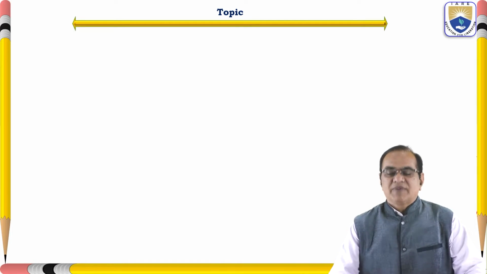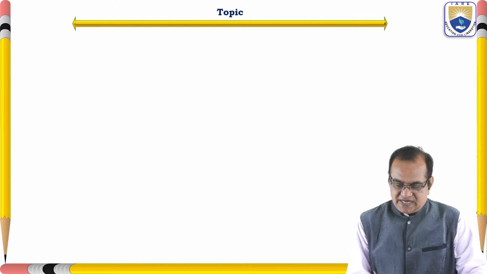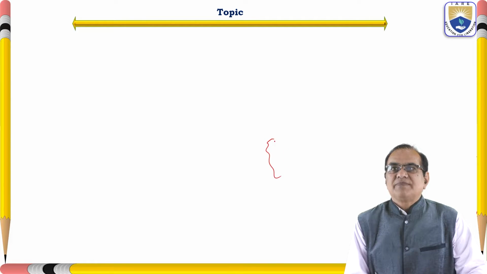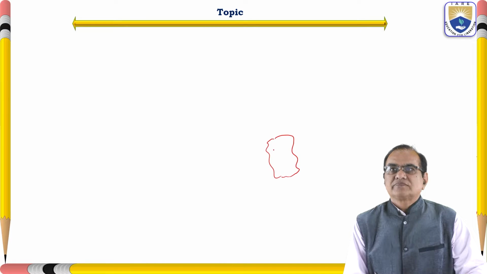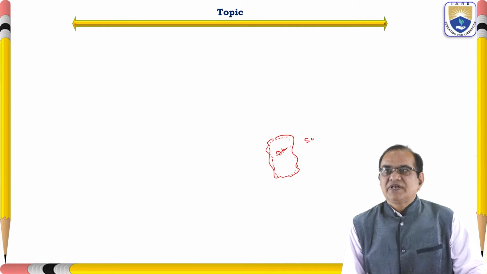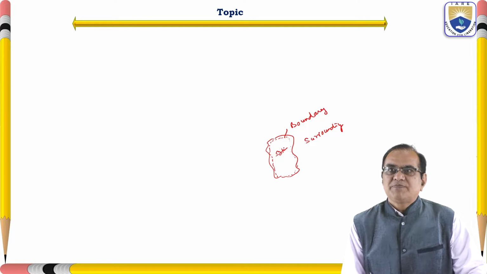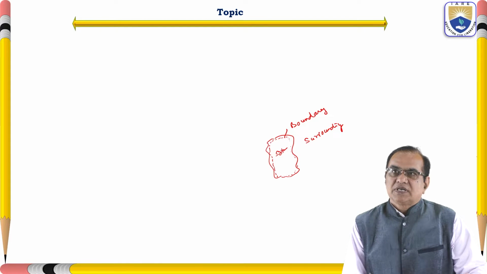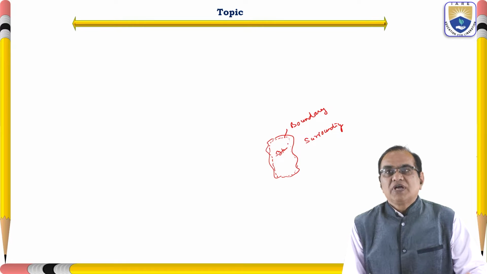If this is the system, this dotted line is the system boundary, and this is the surrounding. If this boundary moves, then only work will be done. And also there should be a resistance force.